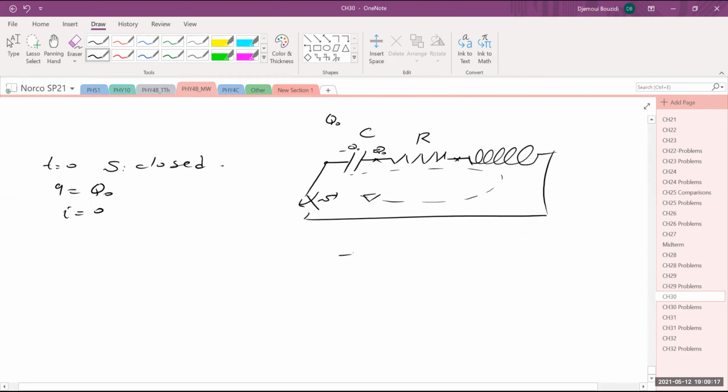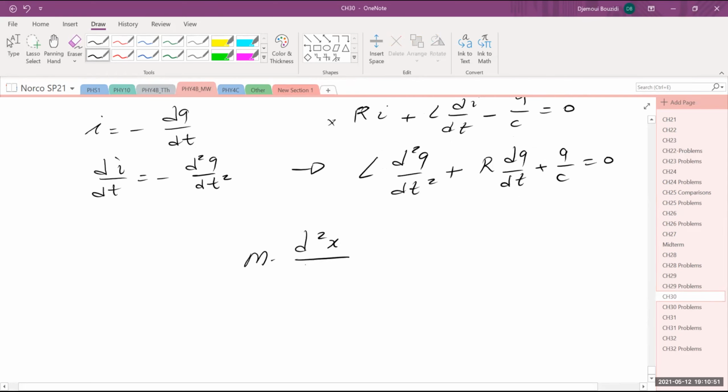If I did F equals ma for the problem that I mentioned in the beginning, we will find that M times the second derivative of x with respect to time, plus the coefficient of viscosity times velocity, and velocity is the derivative of x with respect to time, plus the spring constant times the displacement of the spring, is equal to 0.